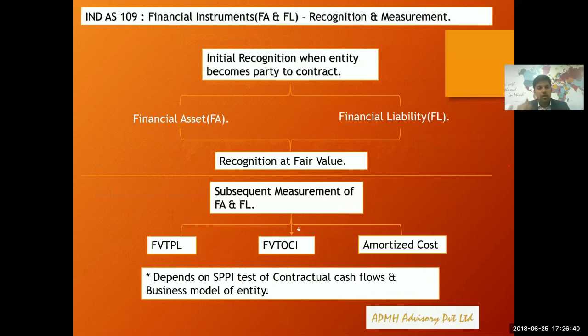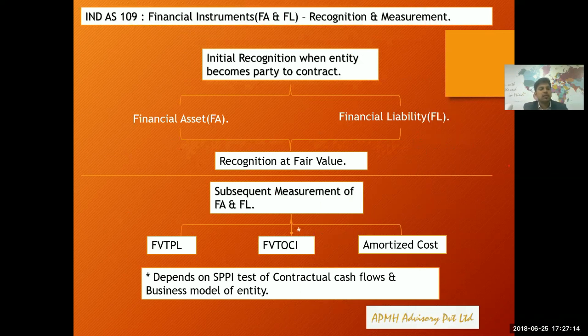what are the recognition principles in case of initial recognition as well as subsequent measurement. So IND AS 32 of course speaks regarding presentation of financial instruments, that is, we saw equity and debt classification as well as the definition of financial assets and liabilities. And now we are coming on to IND AS 109, which speaks about recognition and measurement principles.